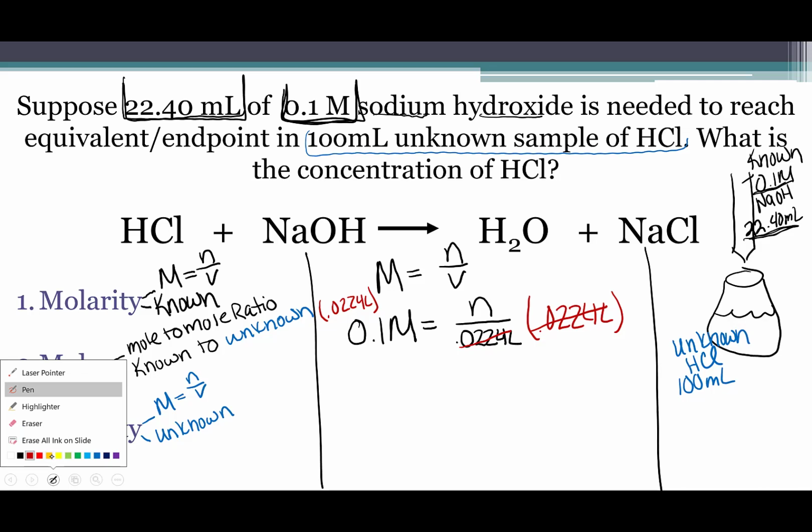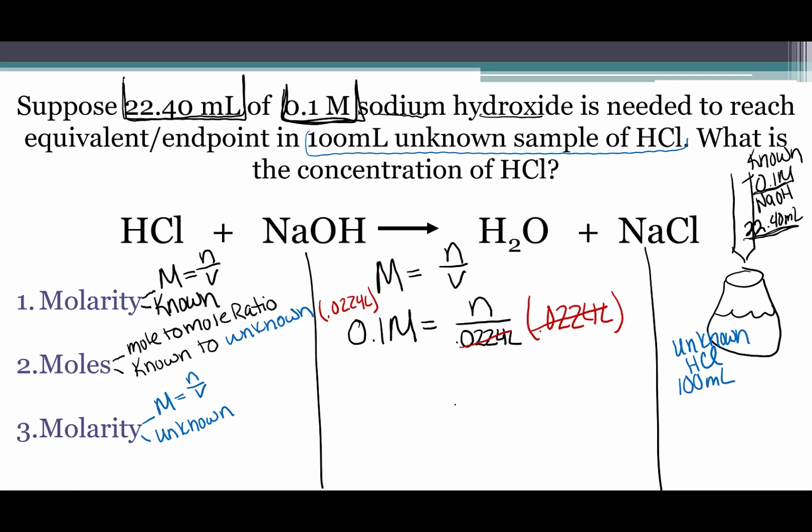So then we're going to get that the number of moles equals 0.1 times 0.0224. And we get 0.00224 moles, and then we can put of what? Of NaOH. Okay, that's step 1. Done.